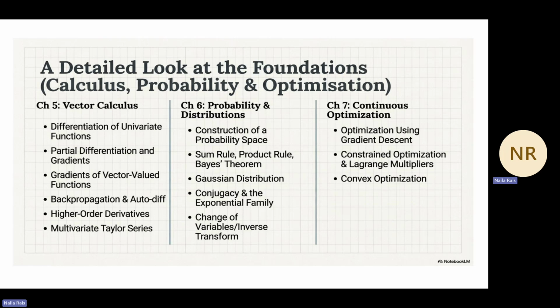Chapter 6, Probability and Distributions: construction of a probability space, sum rule, product rule, Bayes' theorem, Gaussian distribution, conjugacy and the exponential family, change of variables and inverse transformation, etc. Chapter 7 is Continuous Optimization: optimization using gradient descent, then constrained optimization and Lagrange multipliers, convex optimization.